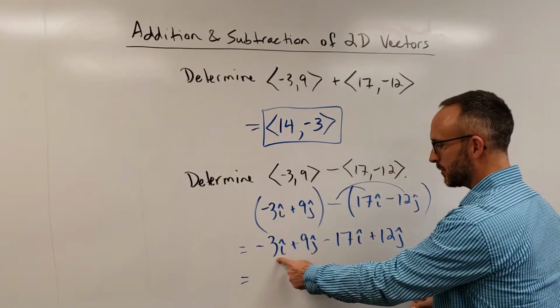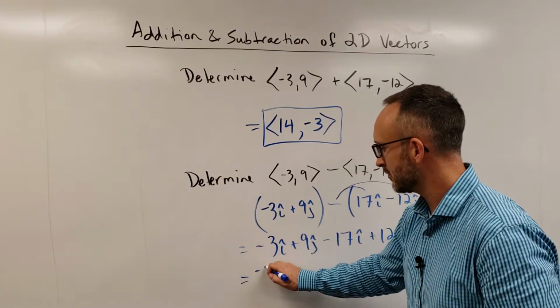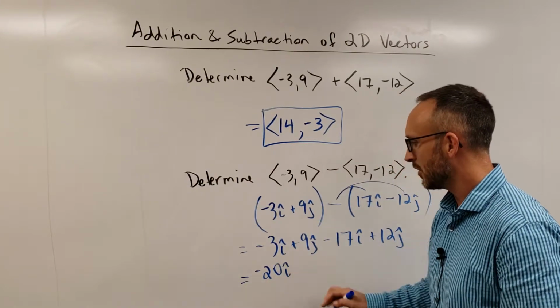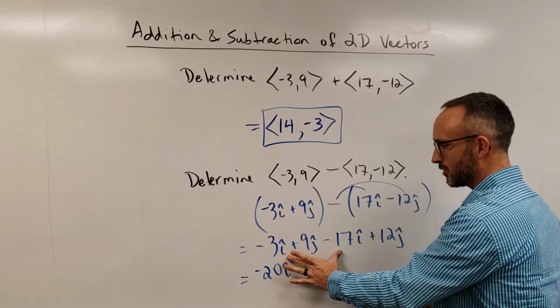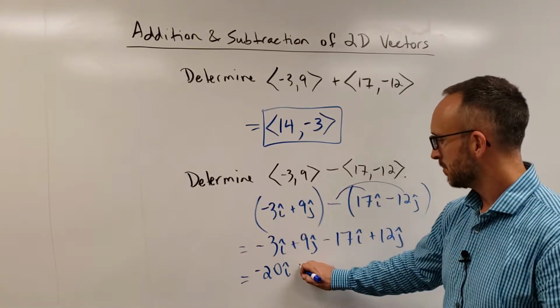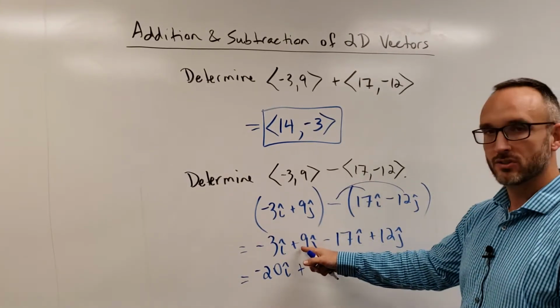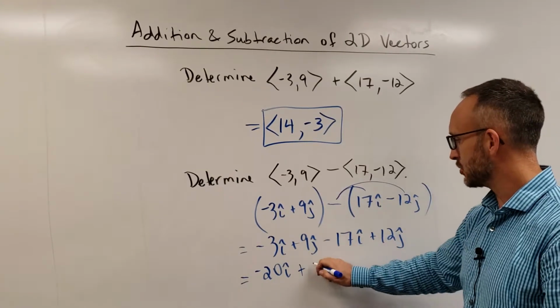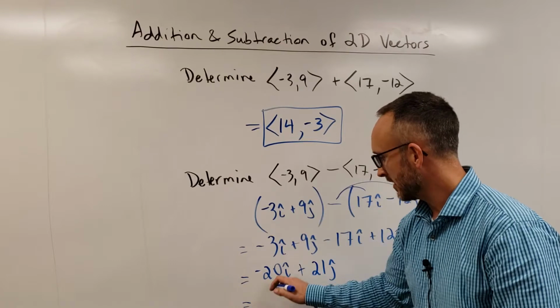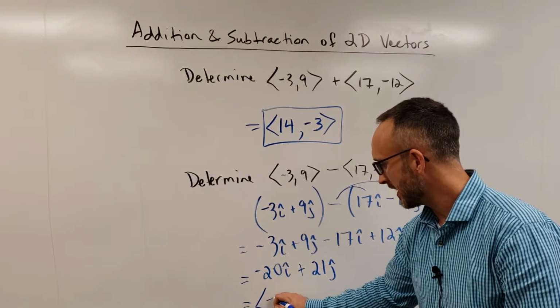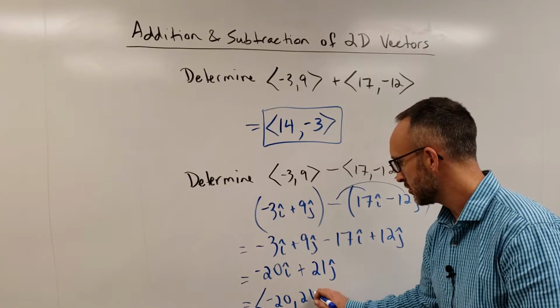So I've got negative 3i minus 17i is negative 20i. Guys, all that means is we're adding the horizontal components because the i hats are the horizontal components. Plus, add the vertical components or the j hat terms and get 21j hat. So you can write it like that, or if you go back to your angle brackets, it's <-20, 21>.